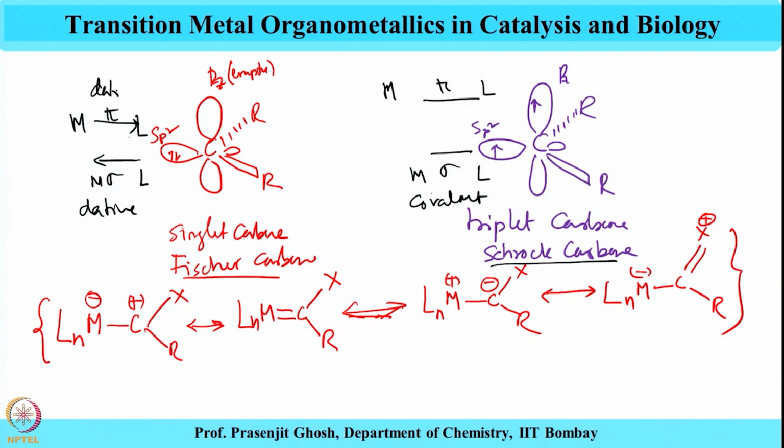So, in Fischer carbene, two dative bonds are made. In Schrock carbene, two covalent bonds are made, and there is a sharp distinction in the reactivity of these two types of carbenes, as we have seen.